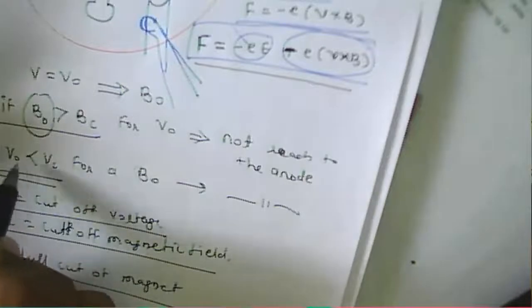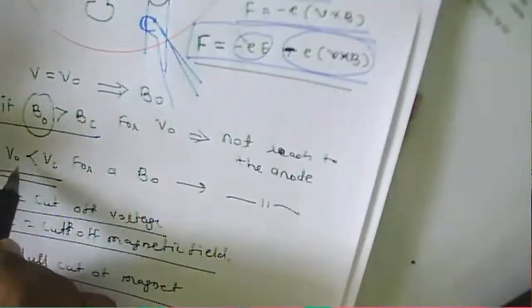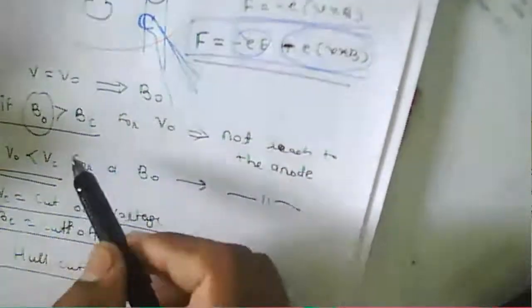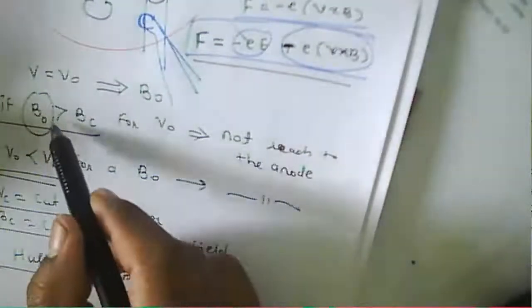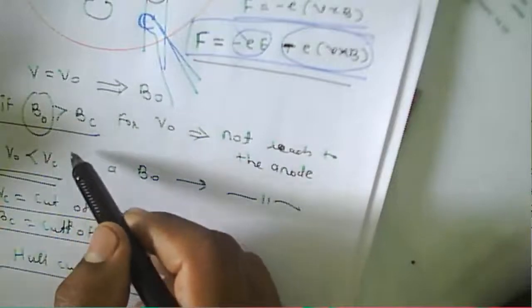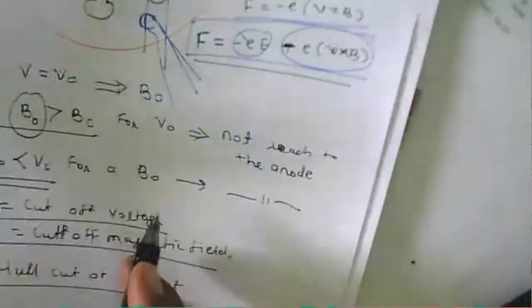If V0 is less than the cutoff voltage, again the electron will not reach the anode. So the electron will move to the anode only when both the magnetic field and the voltage exceed their cutoff values.